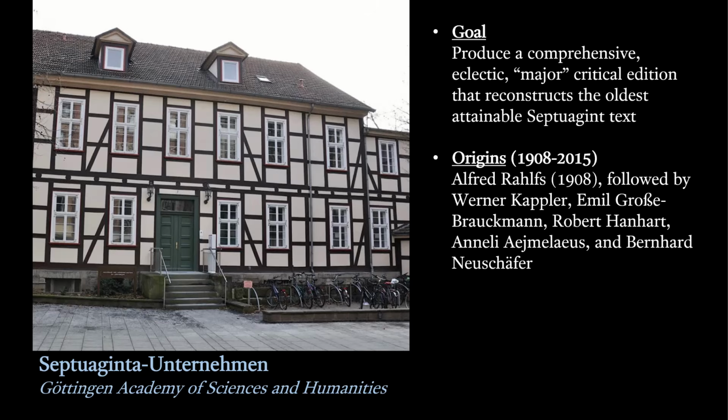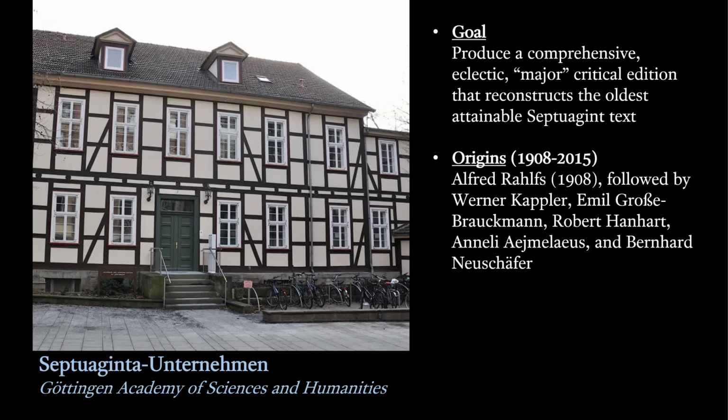So the ball was picked up by Werner Kappler and then a few other scholars, including Robert Hanhart, really up through 2015. So we're talking about over a century of work producing different volumes in what has become a very lengthy series, where basically one book of the Bible has at least one volume in the critical edition.